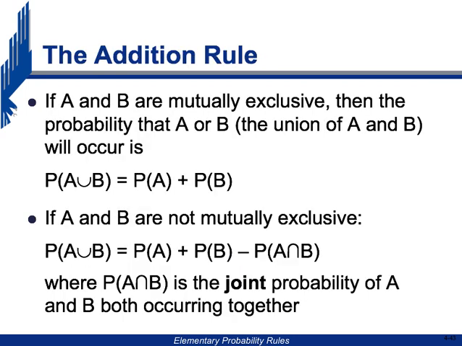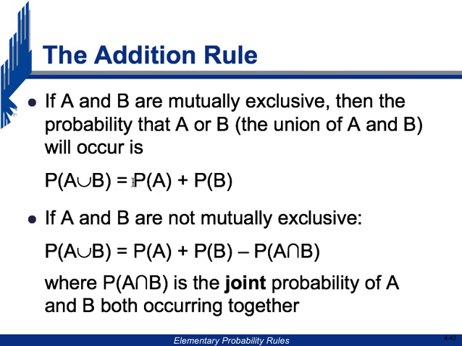Now, the addition rule is used to help us identify the probability of the union of two events. If A and B are mutually exclusive, to get the probability of their union, just add their respective probabilities.